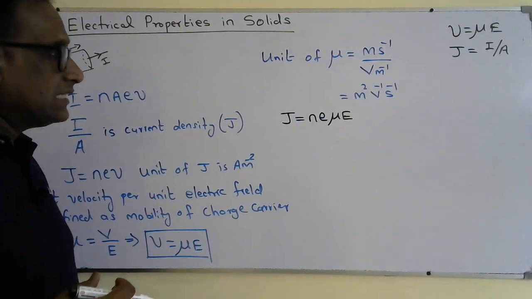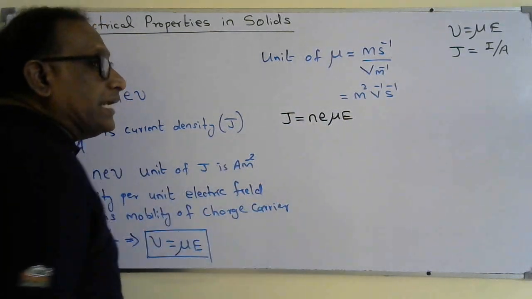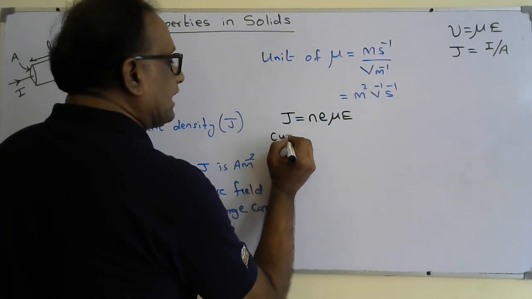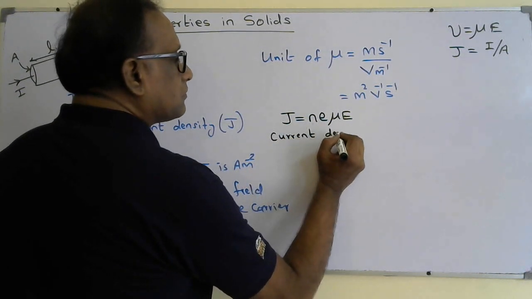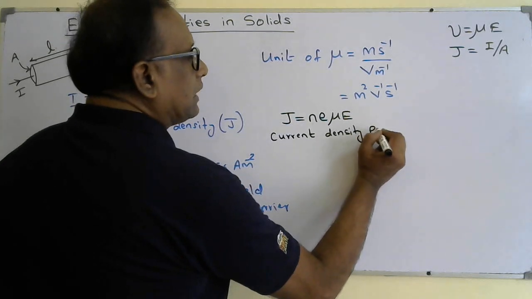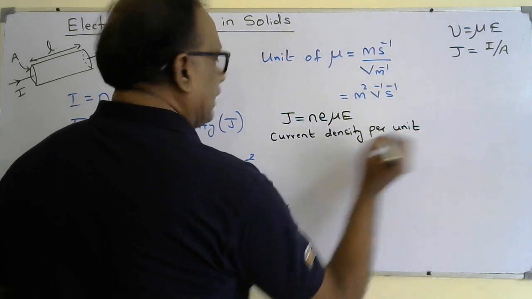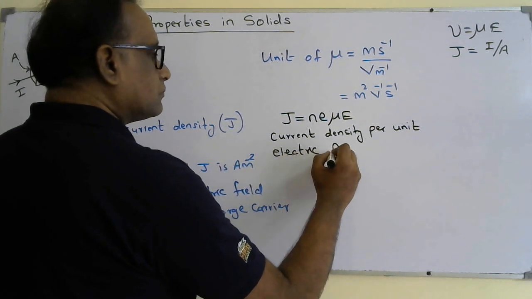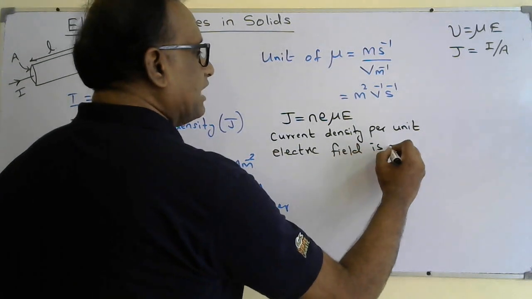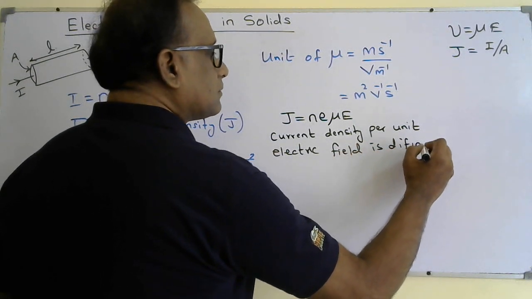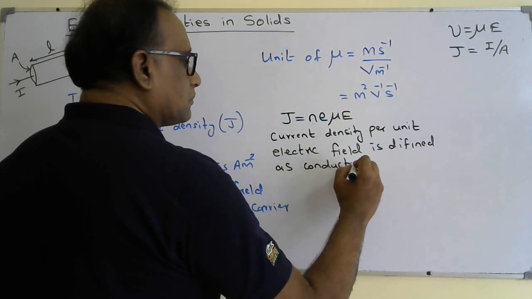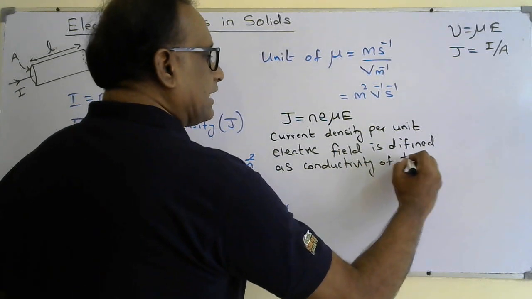Okay, that's another new definition: current density per unit electric field strength is defined as the conductivity of the material.